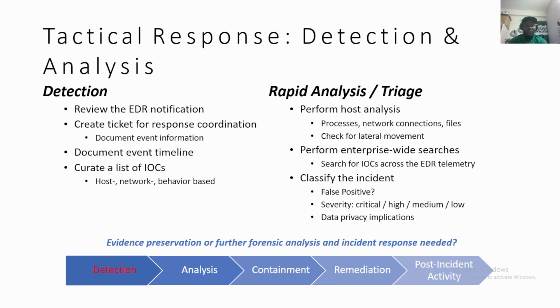And you have to document the event information and the event timeline, so that at the end you may be able to tell the whole story, put all the pieces together to tell what occurred, where the attacker has been, and what he did. You have to list down the IOCs, be they host-based, network-based, or behavior-based, because it will help you with rapid triage.